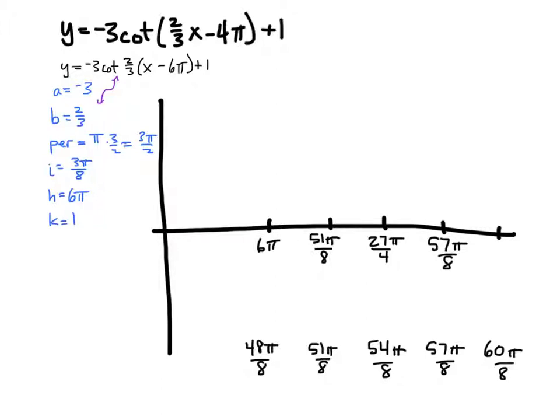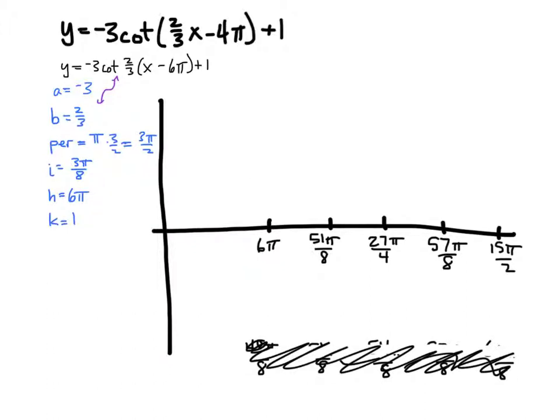And 60 pi over 8 reduces to 15 pi over 2. And then we can just go back and erase these. Well, I was planning on erasing them, and then this thing messed up, so forgive me. Okay, now, where did the asymptotes go? The asymptotes go at the beginning and ending of the period. So it's 6 pi and 15 pi over 2.